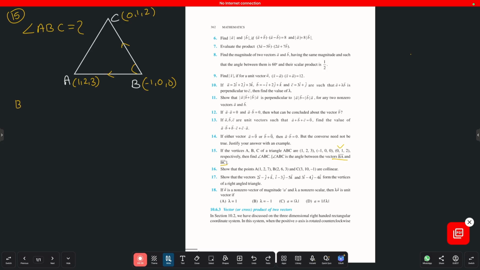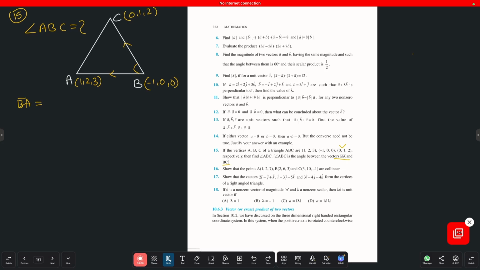What is the BA vector? BA vector means OA minus OB.